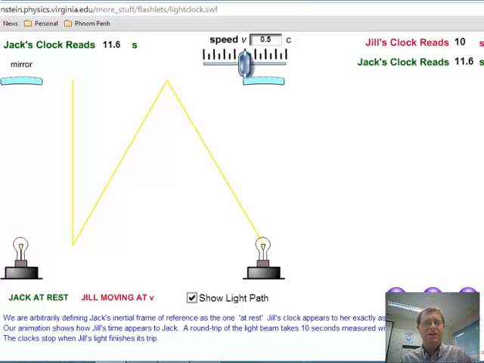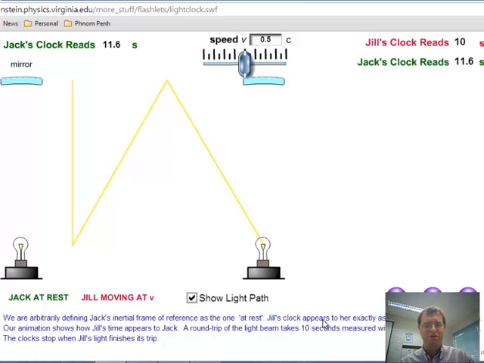However, Jack's clock reads 11.6 seconds. And this is for the time taken for the light to travel to the mirror and back again. So we can see that there's an issue here. The round trip, although perceived by Jill to take 10 seconds, Jack measures Jill's situation as taking slightly longer than that. So we have an issue here with time.